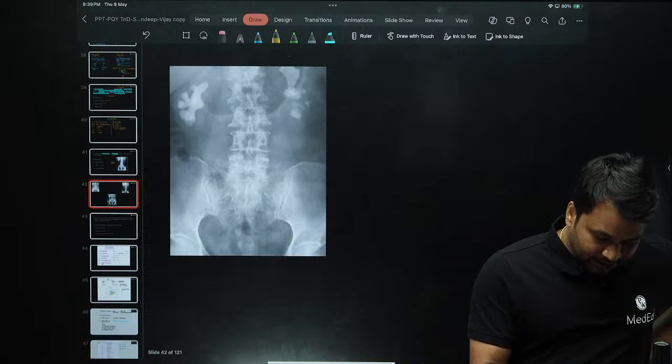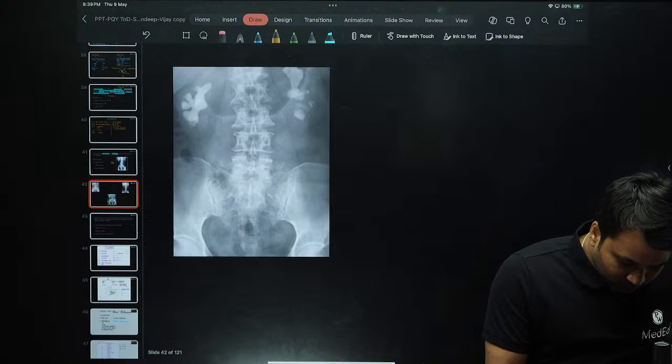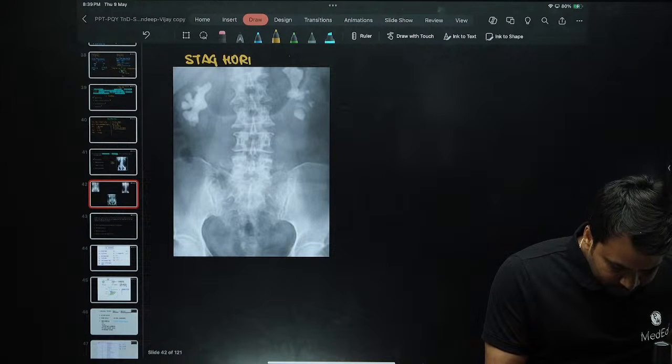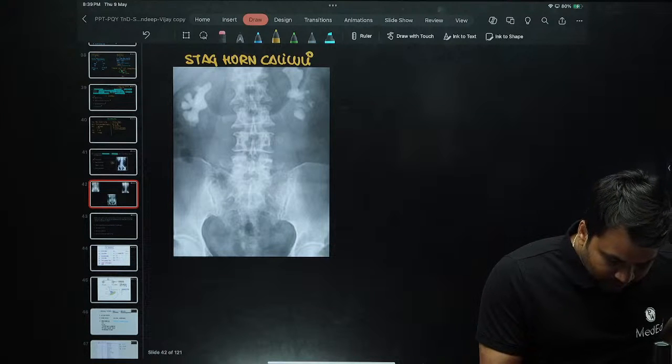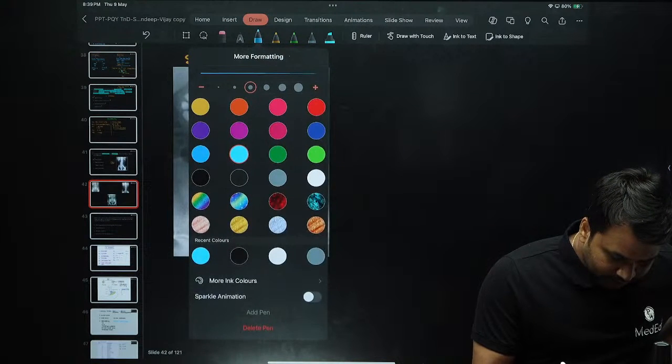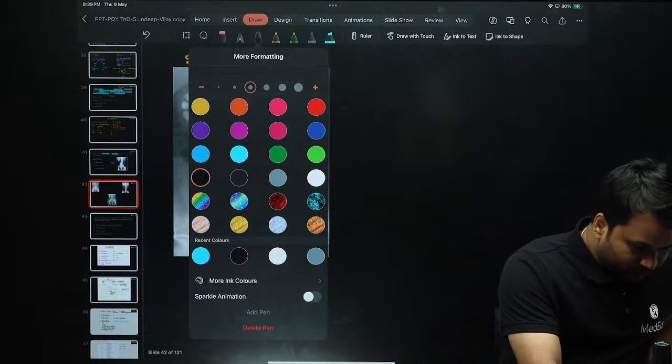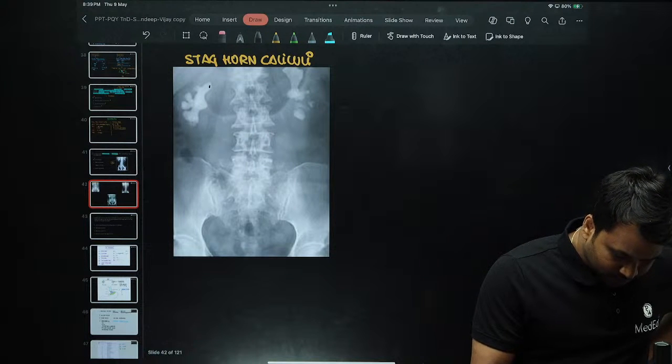This is a classic of staghorn calculi. As you can see, it is giving you a nice staghorn formation here.